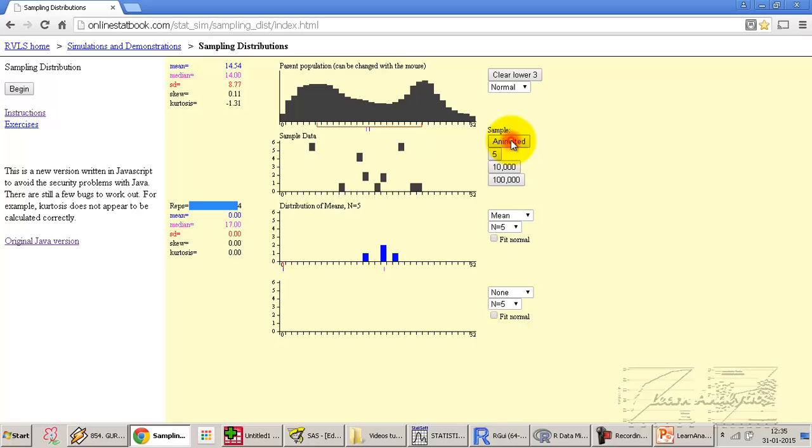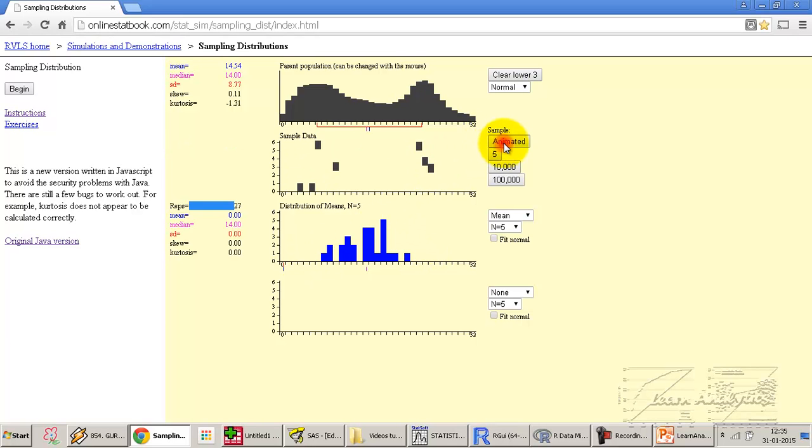I click it a number of times, and I've got multiple samples getting extracted here, and we can see the distribution of these samples now. I keep doing this, and what I start getting over here is the distribution of the sampling means.